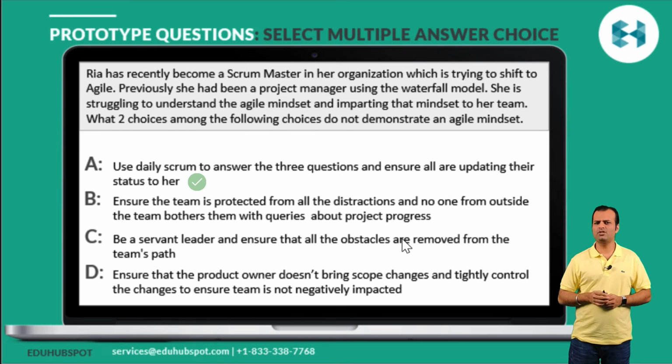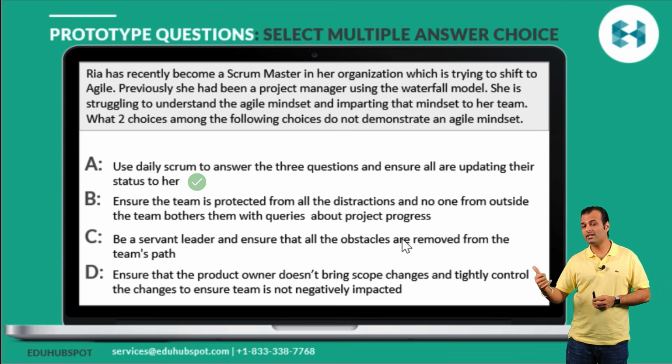Of course, there are 3 questions in your daily stand-up, which are what you did yesterday, what you are doing today, and what are the issues. But you don't give status to her. In this option, you are giving status to the Scrum Master. That's absolutely wrong. So A is your correct choice because it is not demonstrating an agile mindset.